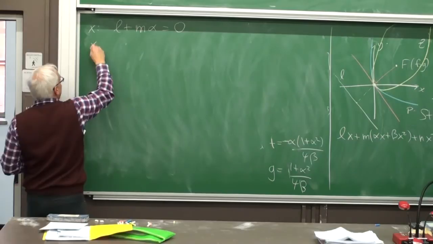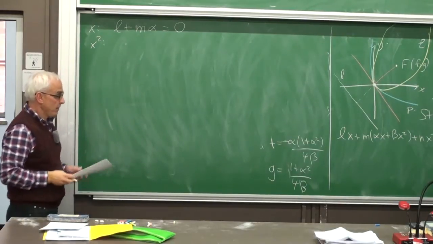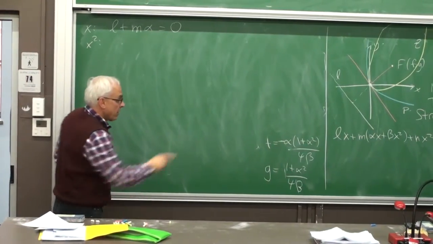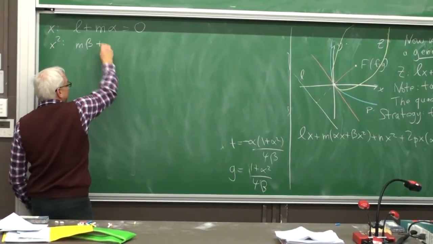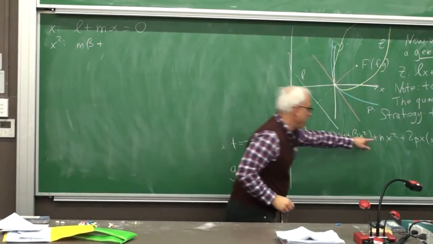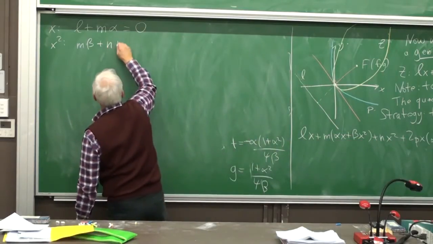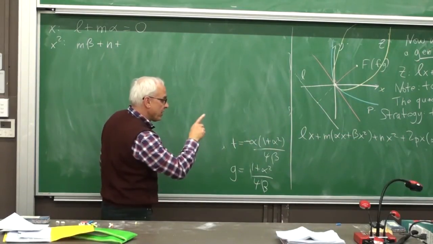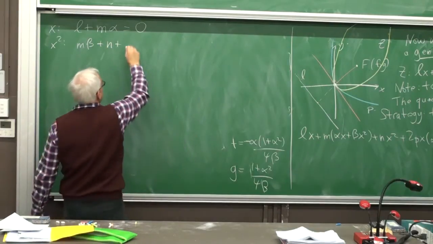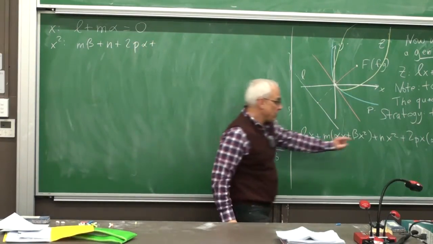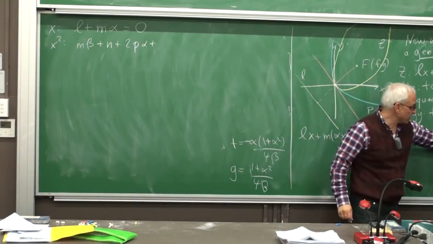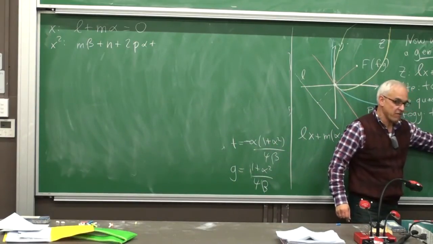And then in terms of the coefficient of x squared, where do we get x squared? First one will be m times beta, and then plus n, then plus 2p alpha, and finally an x squared coming from when we square this term, we're going to get a q times alpha squared.